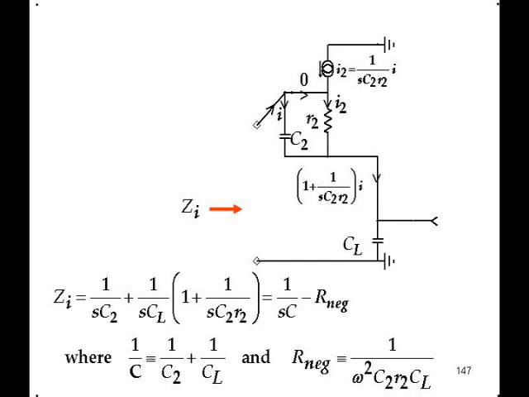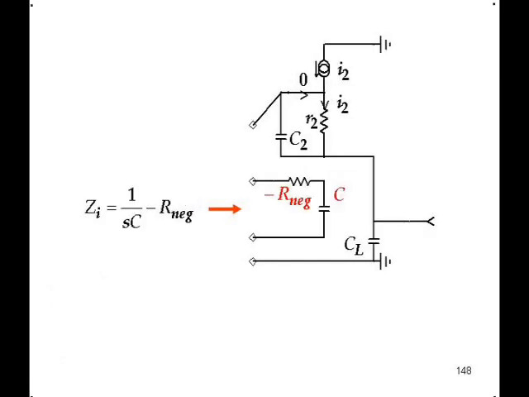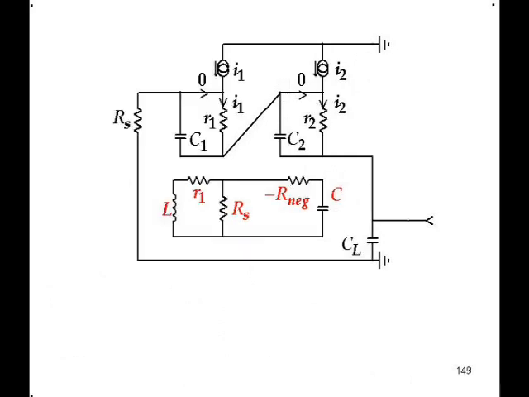So the answer is you get a capacitance in series with a resistance where the resistance is negative and is related to the load capacitance. So when you add the model, there's the negative resistance with the capacitance. Now you put the two stages together, and now you have a negative resistance oscillator.